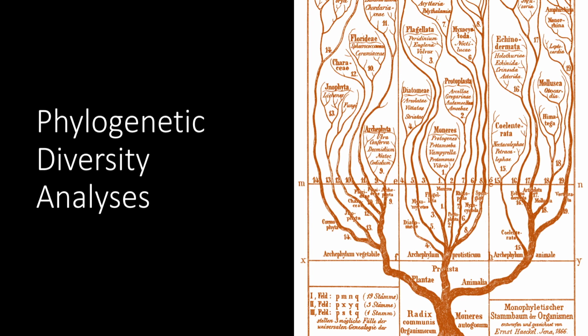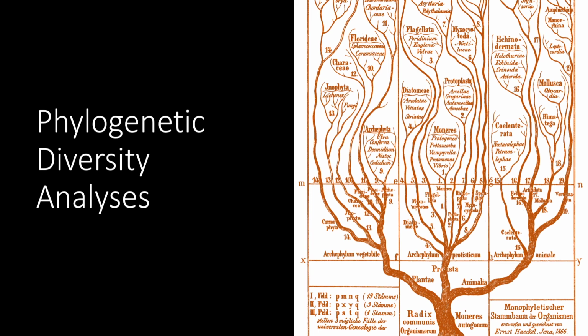Because it's not really that diverse if you have one genus and 10 species. That might not be that diverse because they're all from the same genus. But it could be more diverse if you have, for example, 3 genera and 3 species each. That would be something that might be more diverse. I hope that makes sense. And so the phylogenetic diversity analysis will let you do that.